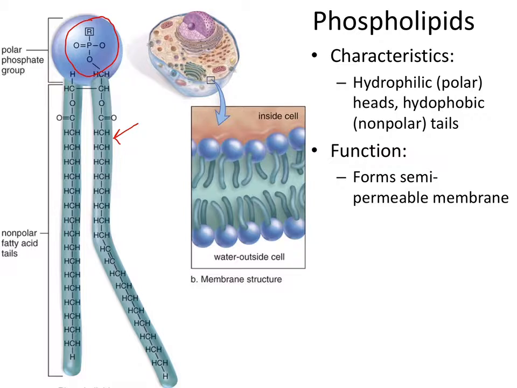Phospholipids are oriented so that the hydrophilic heads interact with the inside of the cell and the cytoplasm, as well as the outside of the cell and the interstitial fluid surrounding each of the cells. Now, in the center of the membrane are the hydrophobic tails, which form a hydrophobic core. This orientation of the phospholipid heads with the hydrophilic portions on the inside and the outside and the hydrophobic core helps form the semipermeable membrane.